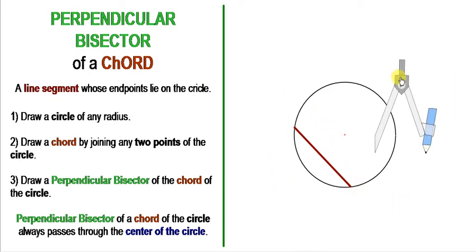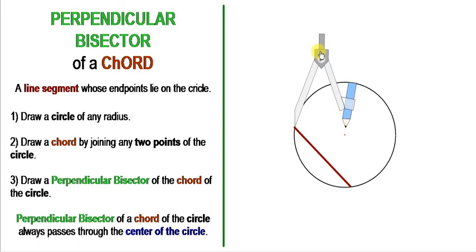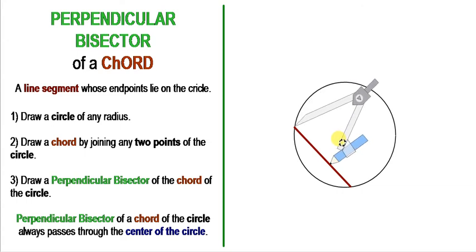So I am taking a compass for drawing circles. The first circle that we need to draw, taking the first point of this line segment as a center, we are supposed to draw a circle with a radius which is more than the half of this line. So this is approximately more than the half, so I can draw a circle.